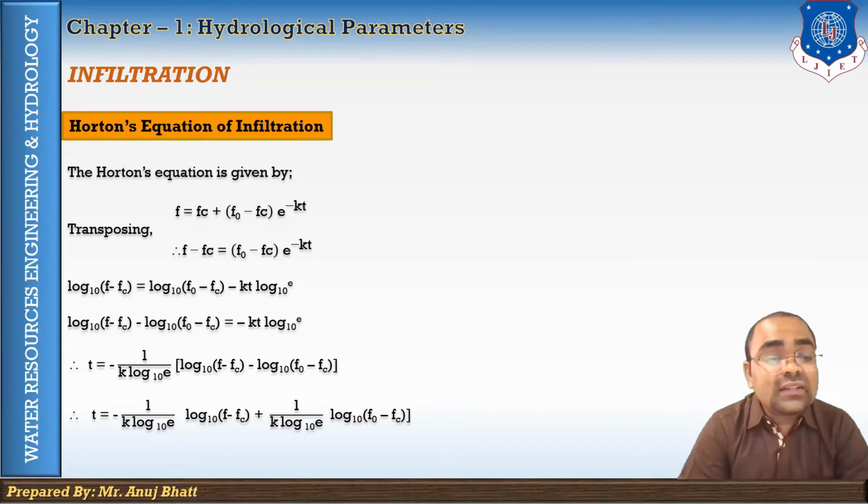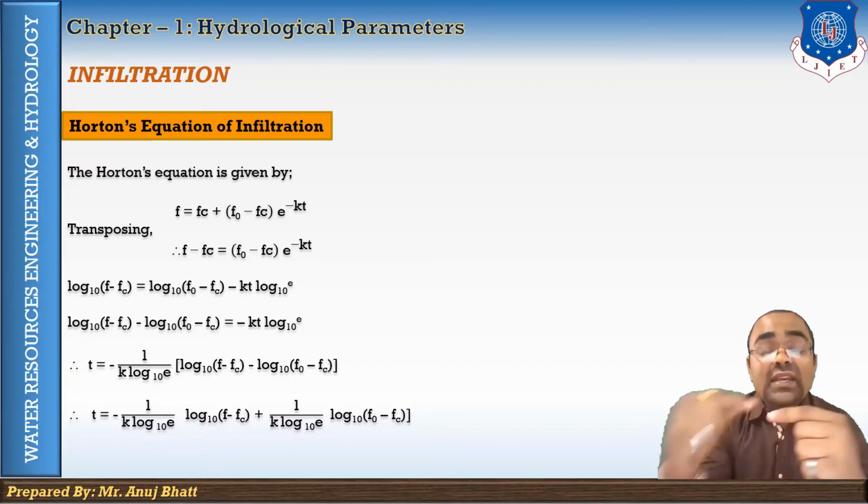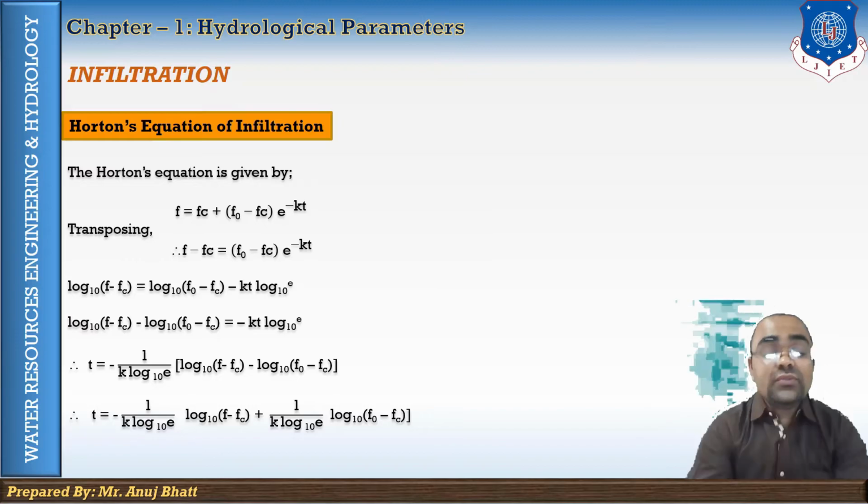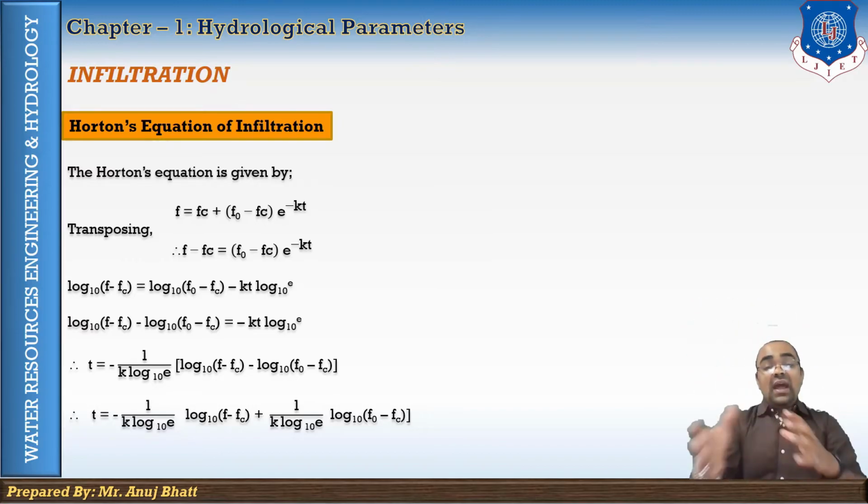So by taking log on both sides, we have log10 (f - fc) = log10 (f0 - fc) - kt log e, since the log of e raised to something brings the exponent to the front, that is why this kt is at the front side.